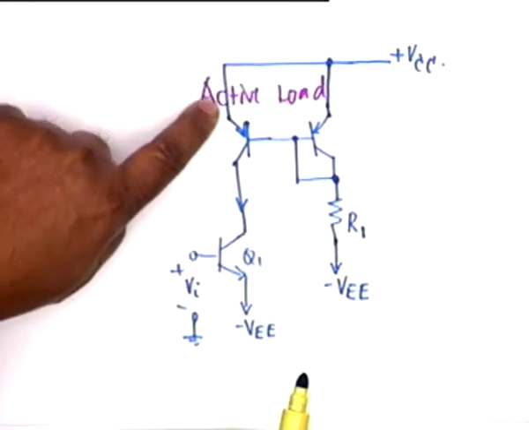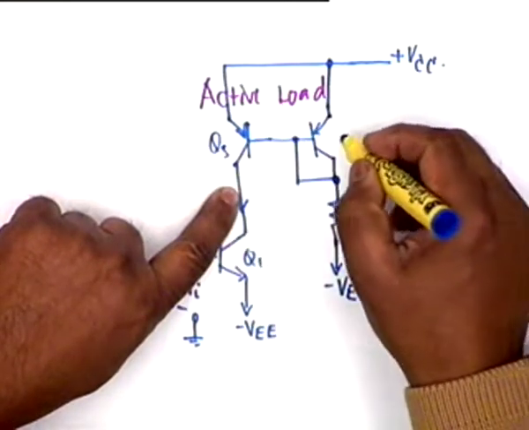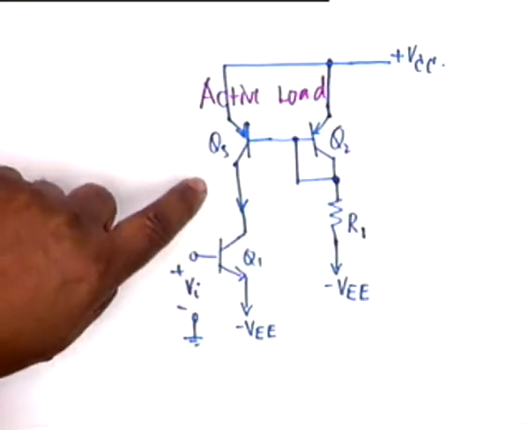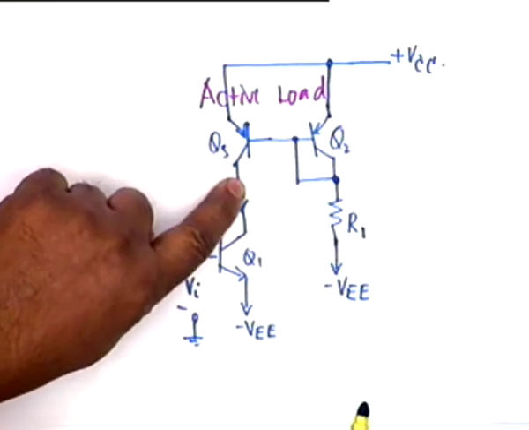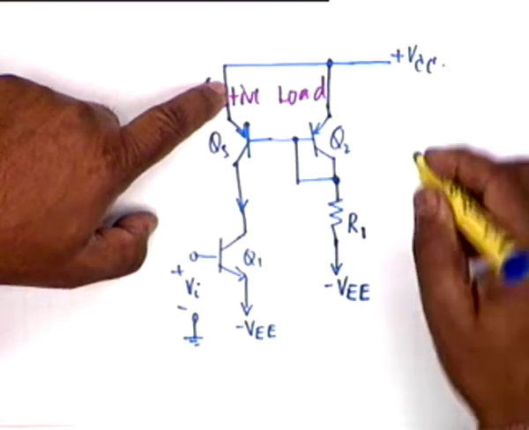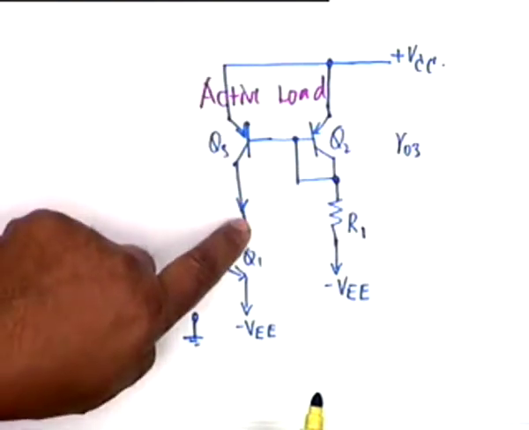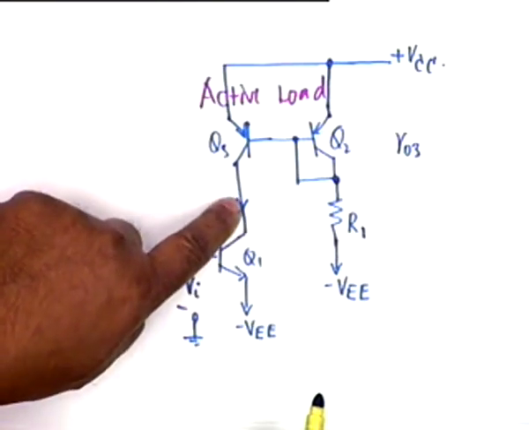One would be R01. Okay, let me name these transistors, Q3 and Q2. One would be from C3 to E3, it would be R03 effective. Now, is that all?